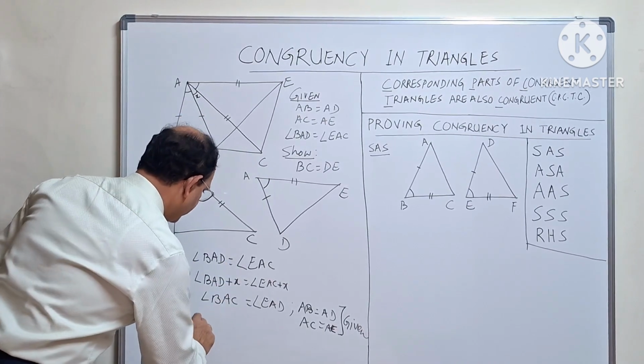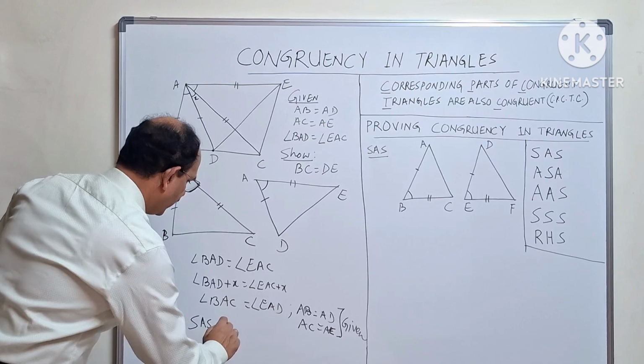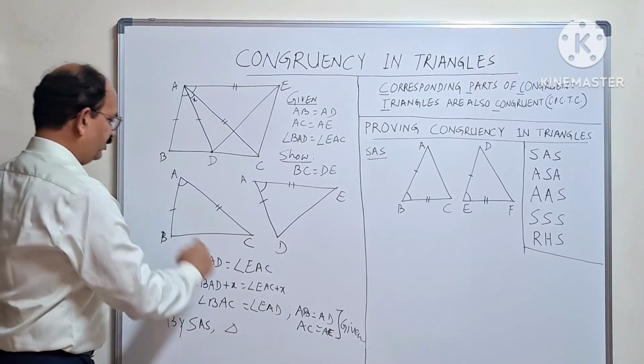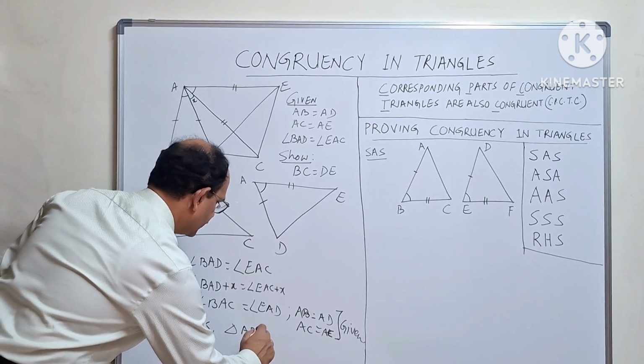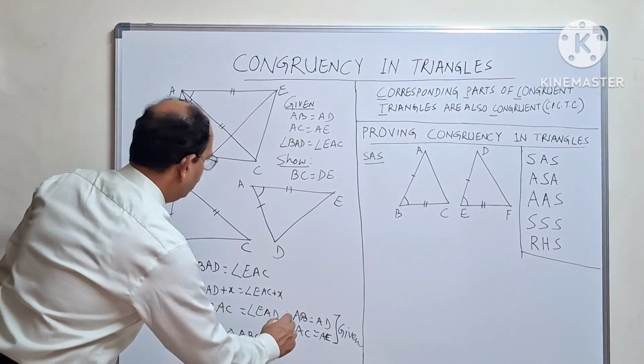Therefore, with the SAS criterion, triangle ABC is congruent to triangle ADE.